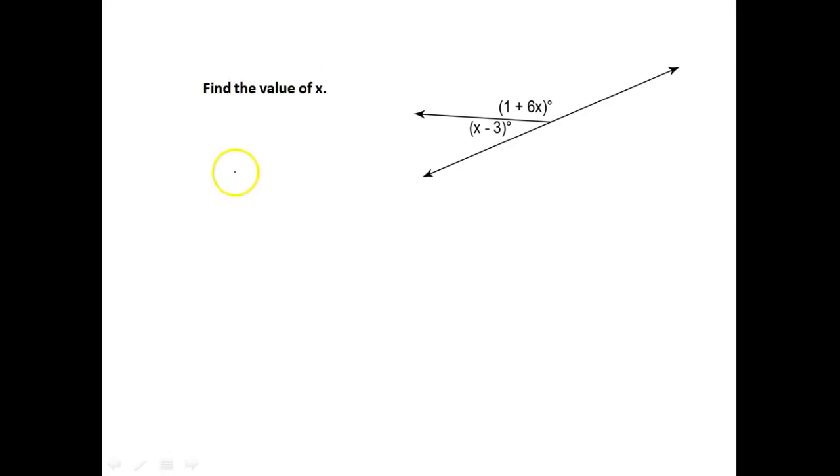All right, let's find the value of x. Again, we have a linear pair, right? Straight line. I know both of these angles add up to equal 180. So I know x minus 3 plus 1 plus 6x equals 180. Combine like terms. 7x minus 2 equals 180.